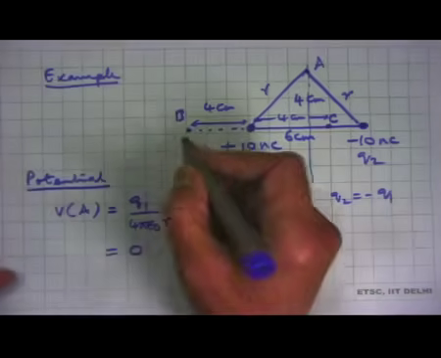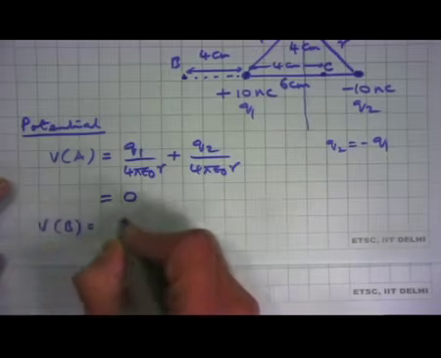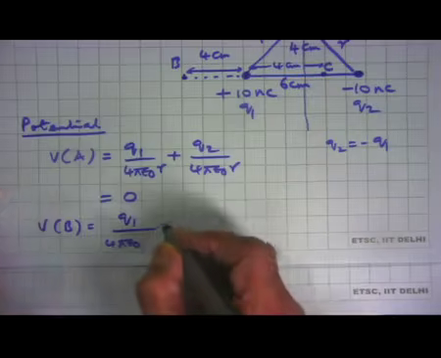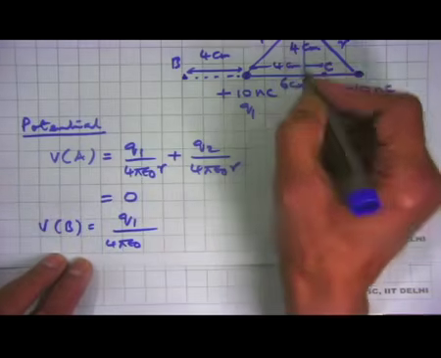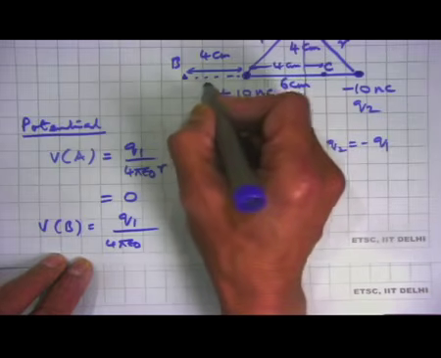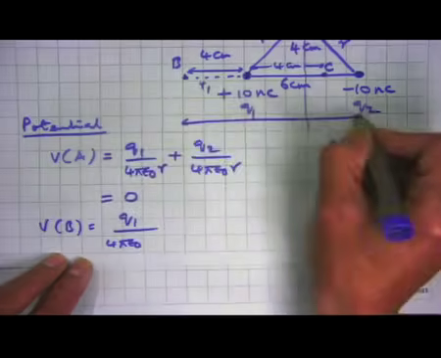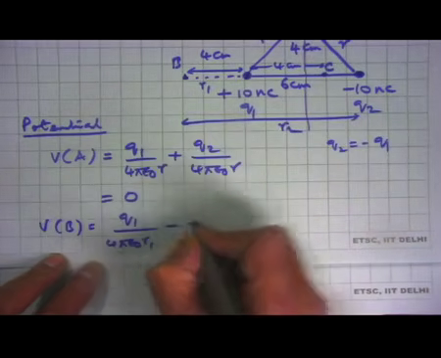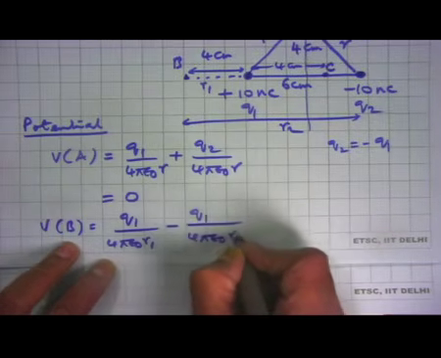Let me try to calculate the potential at the point B. So, V at B, q1 by 4 pi epsilon 0. So, I must calculate these distances now. Let me call this r1 and the other distance r2, r1, minus q2 is minus q1, so 4 pi epsilon 0 r2.